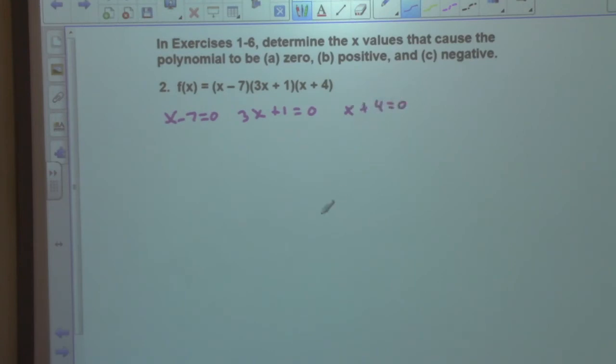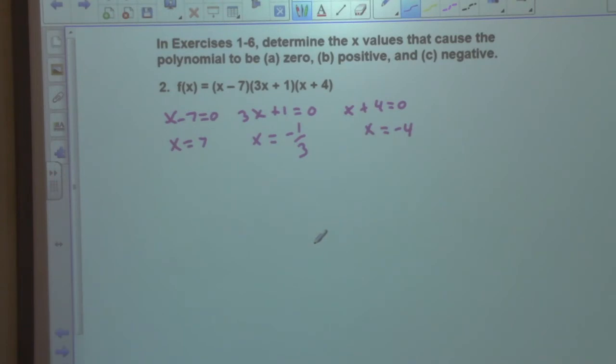Then x equals positive 7. x equals 1/3. And x equals -4. You told me -1/3, right? No, I said 1/3, but I meant -1. Okay, all right. I was just checking. All right. What next?